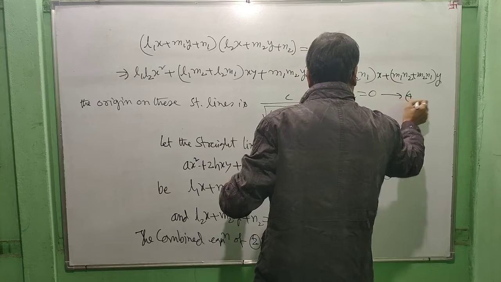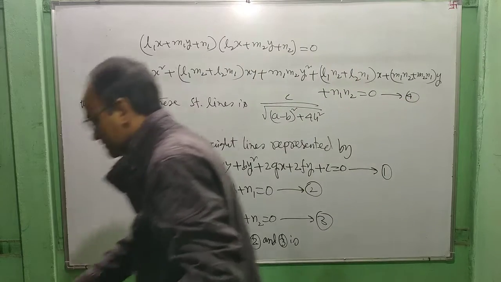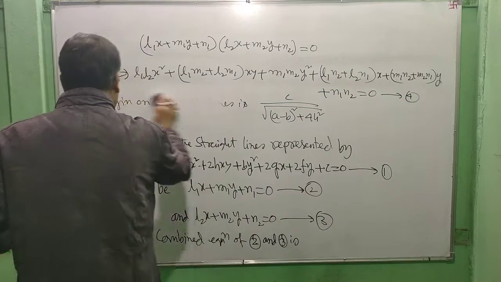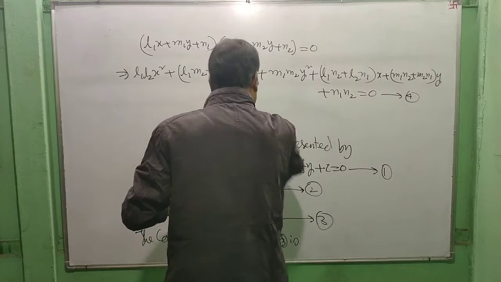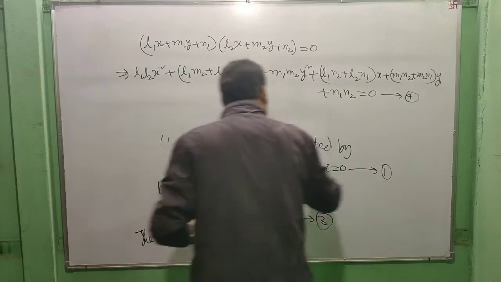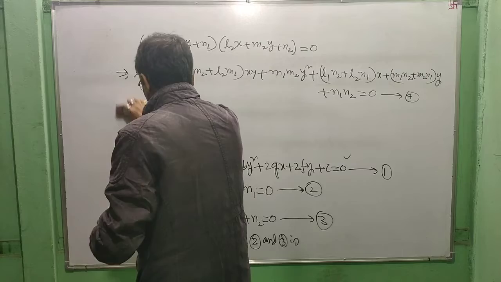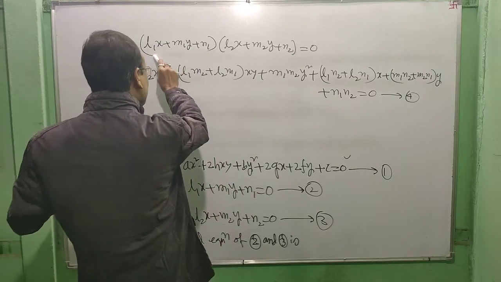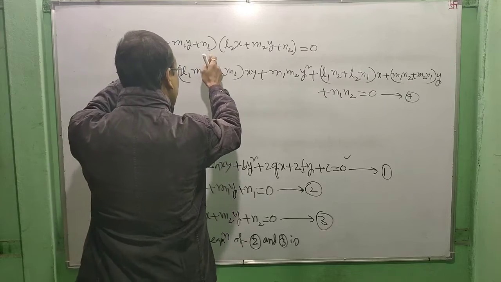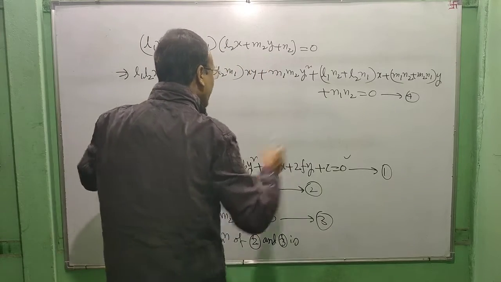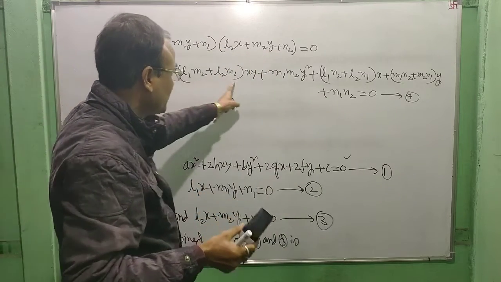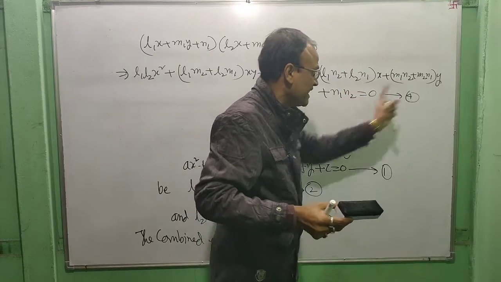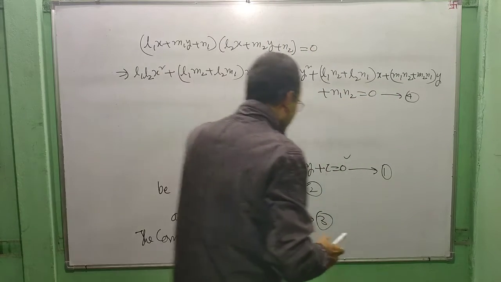Suppose this is number 4. You see, 3 terms multiplied by 3 terms, we will get 9 terms. We have written 1, 2, 3, 4, 5, 6, 7, 8, 9 terms.